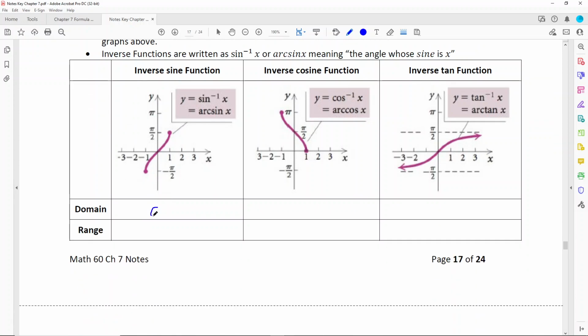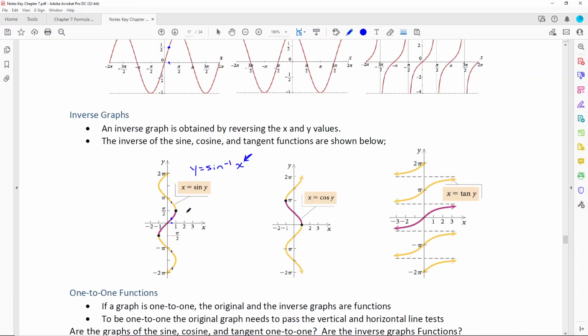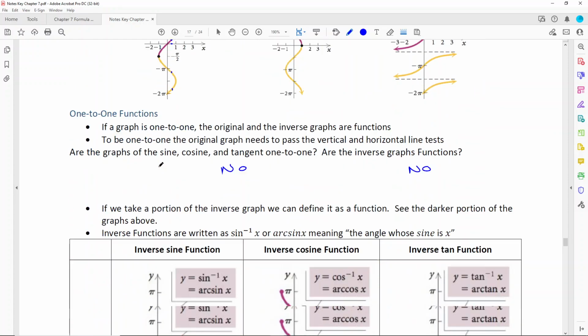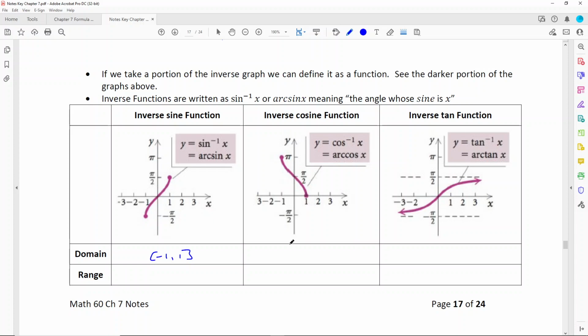Now the domain for these can only ever be negative one to one, because if you look back at your original graph, your graph only goes from negative one to one. So your range, which is now your domain for a sine graph, is always negative one to one. Same with cos. But it's the range that we're restricting. We're saying, okay, for that domain, for the x values negative one to one, I'm only going to give you answers that are between negative pi by 2 and pi by 2.